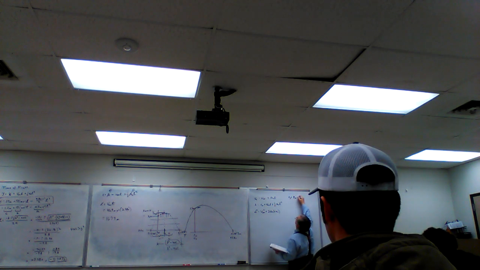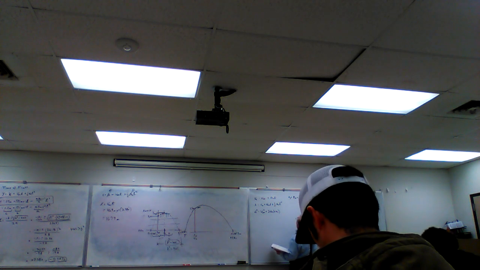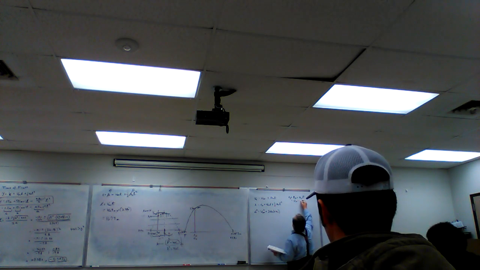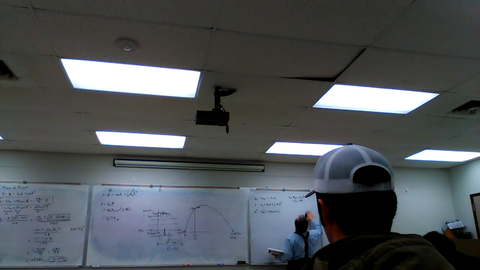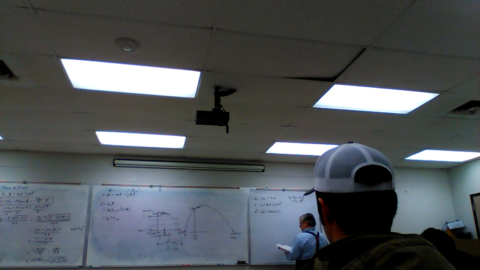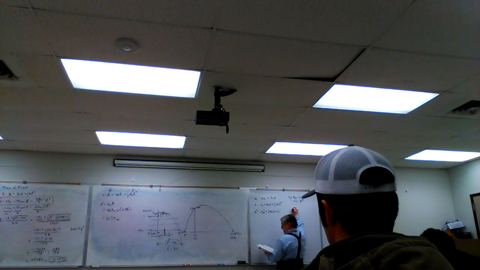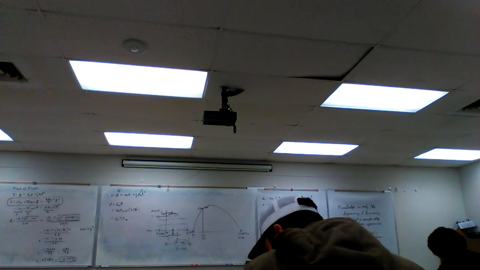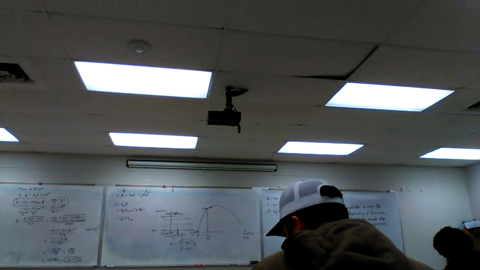sub naught plus ay times t, which is actually equal to vy sub naught minus 9.8, or minus g, times t. We can put y is equal to y sub naught plus v sub naught y t minus 1/2 g t squared.